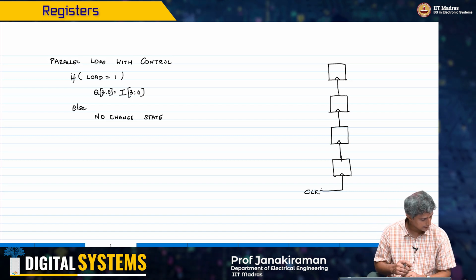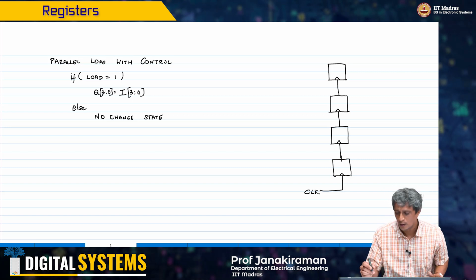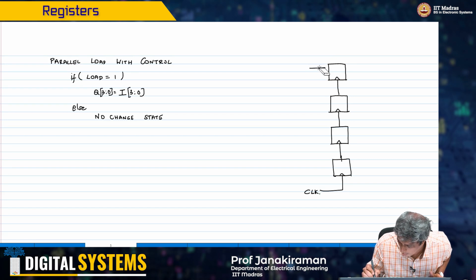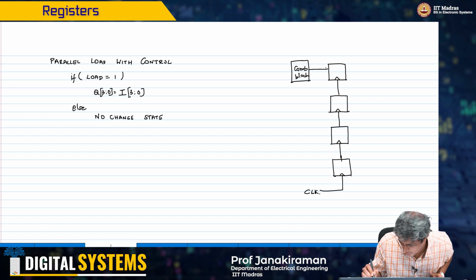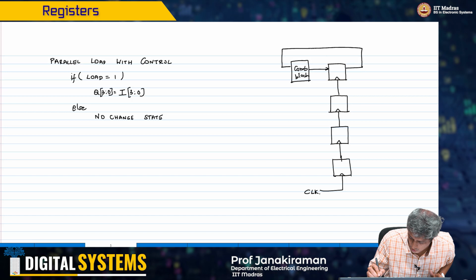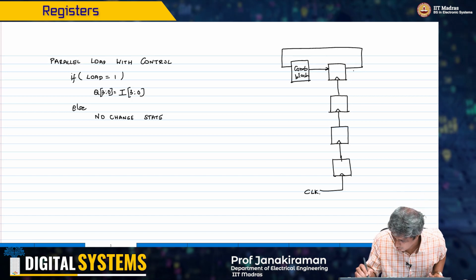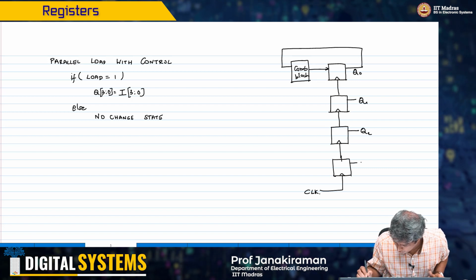And what I now want to do is modify this circuit at the input. So I'm going to add a combinational block here, which will control and get me this behavior. So this is Q0, Q1, Q2 and Q3.